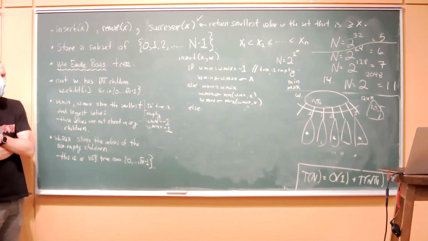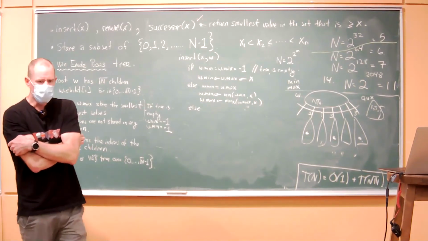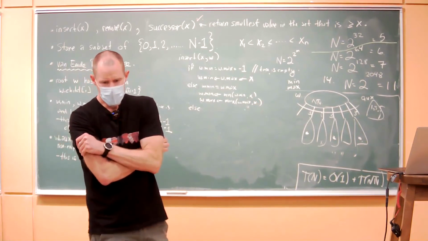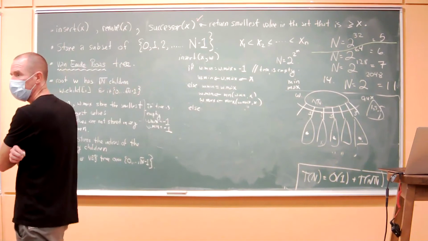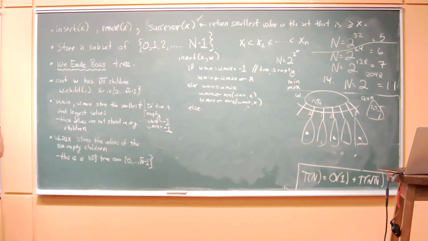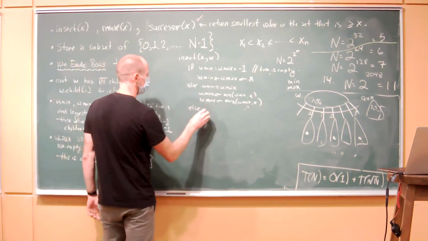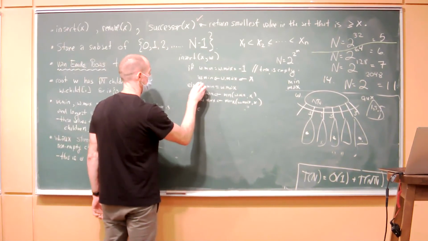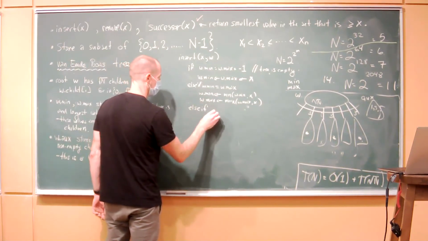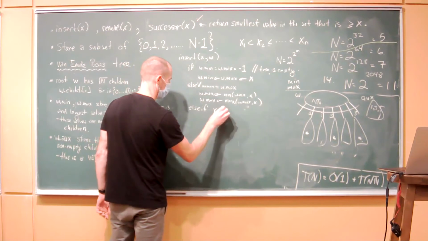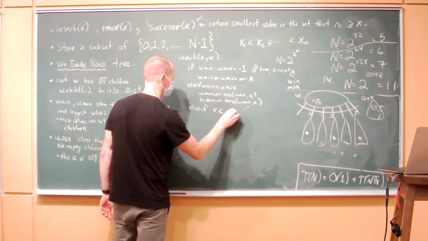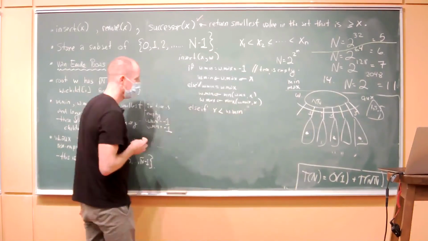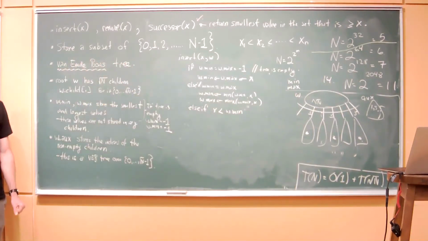All right, so now we're getting down to the meat. What's another special case? If x is smaller than the min, then what happens?